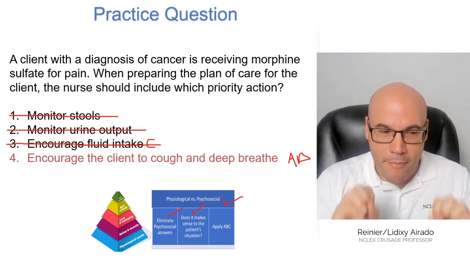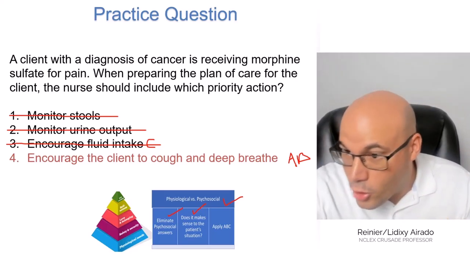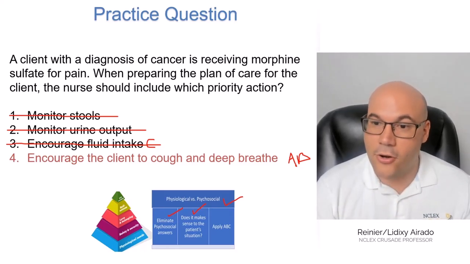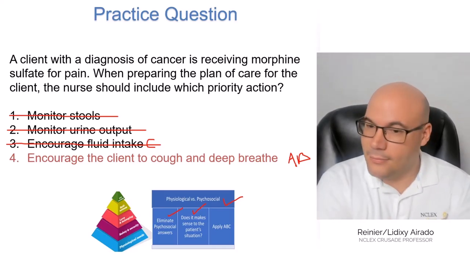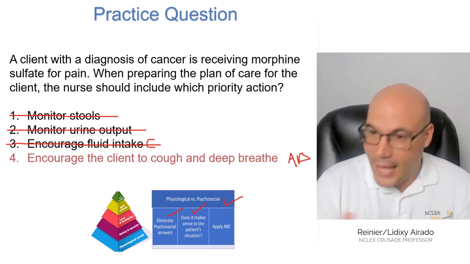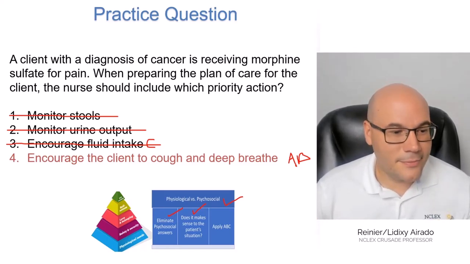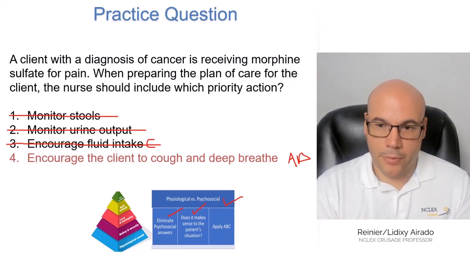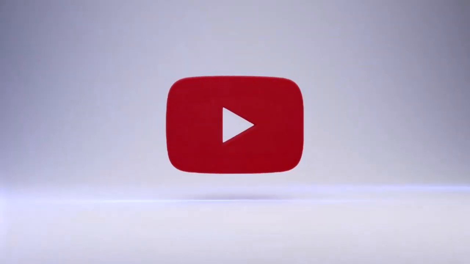But remember, you don't have to think that deep. Look at 3, fluid intake. Fluid is circulation. Look at 4, breathing. That is an oxygen need. So keep it simple. Do not overthink these scenarios.